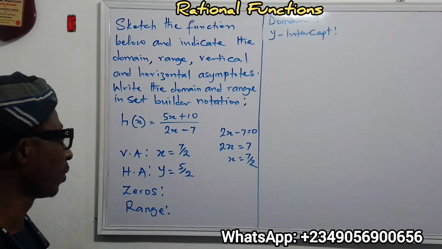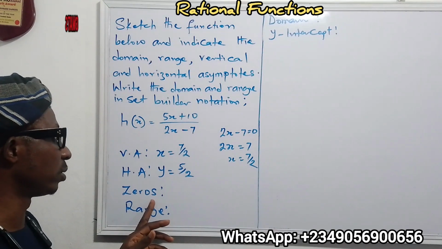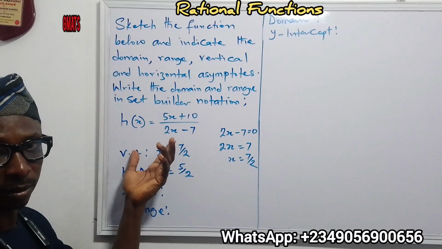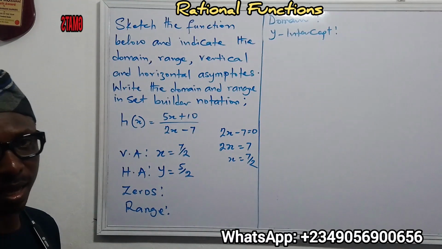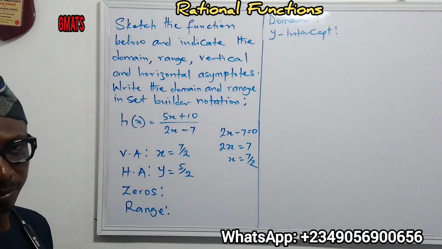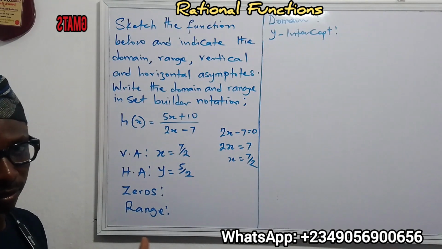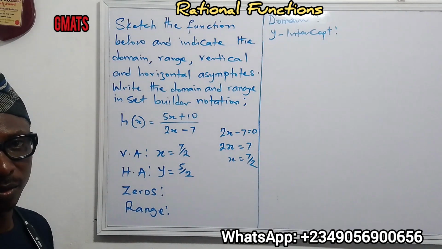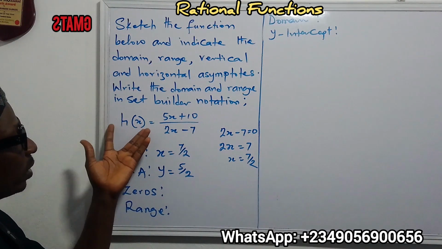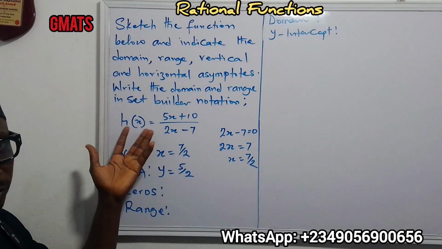Hope you get that. Now let's look at the zeros of this function. That is the same thing as x-intercept. So the x-intercept is when y equals 0. So you just equate this function to 0.